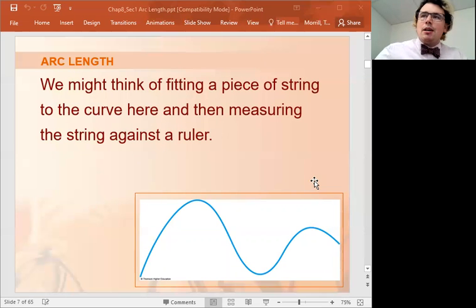So abstractly, we could straighten this out, measure it with a ruler perhaps, but I want something numerical. I want something where I can actually know what it is that I'm calculating, because I don't get to go in with rulers on my graphs of functions.